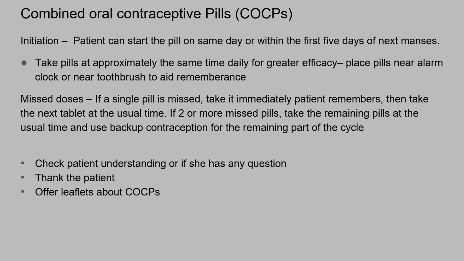For missed doses, if a single pill is missed, the patient should take it immediately when they remember, then take the next tablet at the usual time. If 2 or more pills are missed, then the patient should take the remaining pills at the usual time and use backup contraception for the remaining part of the cycle.